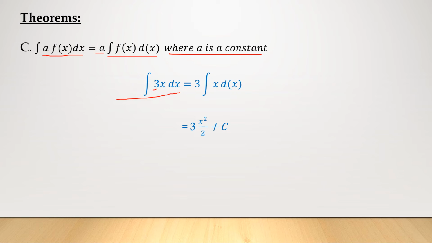So, yung 3 na constant ay ilalabas natin sa integral sign. So, nasa labas na ang 3 at naiwan sa loob ang x dx. So, yung constant, ganun pa rin siya, 3. And then, whatever the answer in this integral, imumultiply natin sa 3. So, this is the integral of x dx.